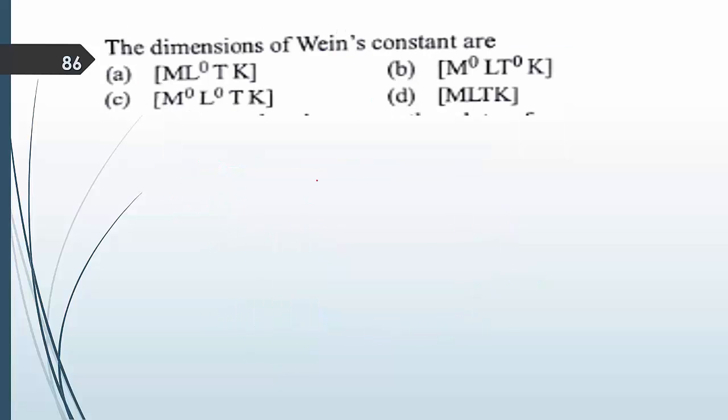Question number 86. The dimensions of Wien's constant are. Wien's constant is denoted by the symbol B. B equal to lambda m into T. This is the equation we can use here. Lambda indicates wavelength, which is L. And T indicates temperature, which we express in Kelvin.